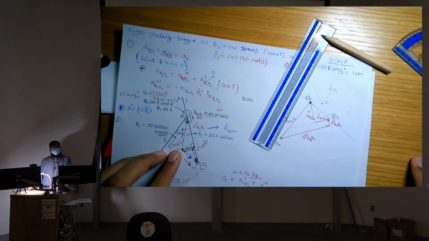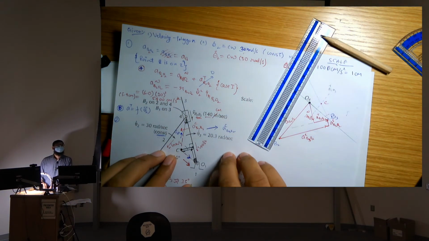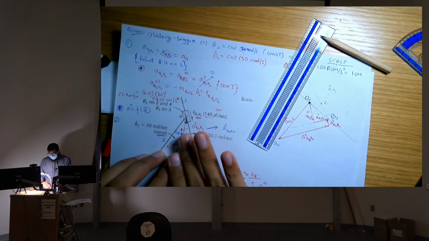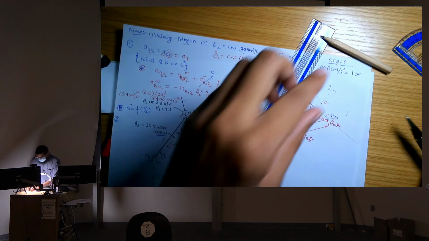Now we place this on our acceleration polygon.